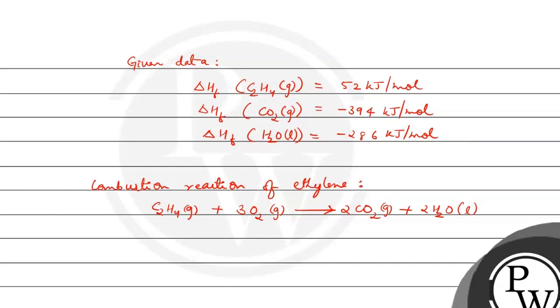Now we'll use enthalpy of formation to write the enthalpy of reaction, that is delta H naught reaction is equal to summation of standard enthalpy of formation of products minus summation of standard enthalpy of formation of reactants.